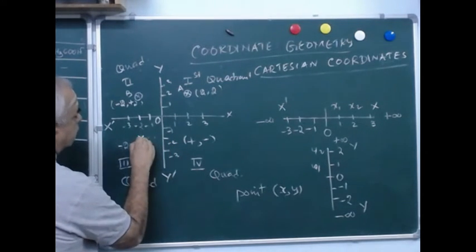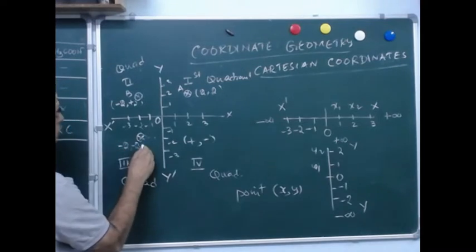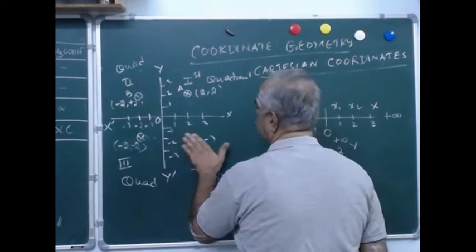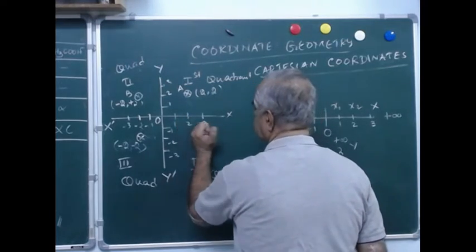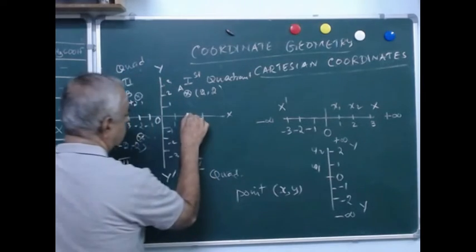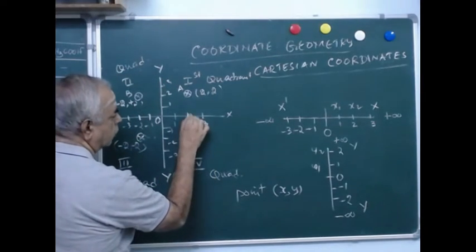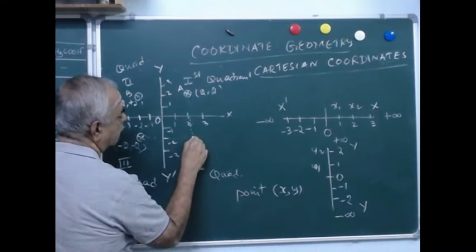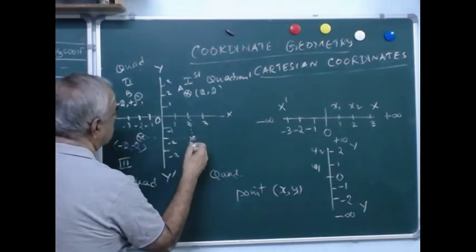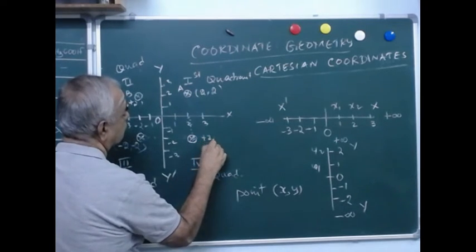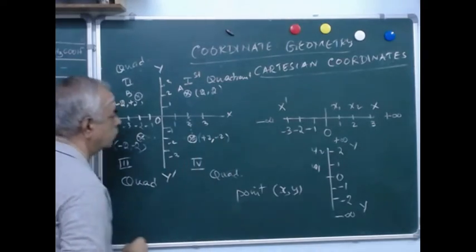So this point. So this is minus 2, right? And what about plus 2, minus 2? How you can mention? That is, you have got plus 2 here. This is minus 2. So draw a dotted line, and the intersecting point should be noted as plus 2 comma minus 2. Do you understand?